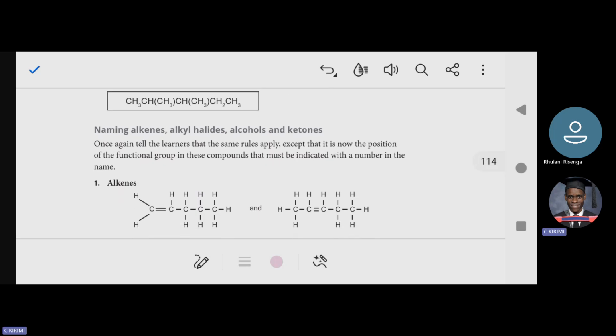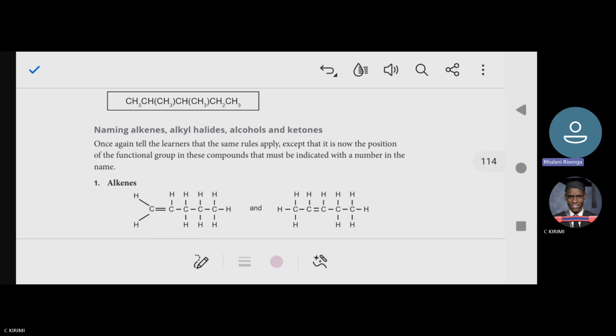alcohols, and ketones. So we say position of the double bond. Can you try number 1? Just to refresh memory. It's an alkene already, but what is the name?